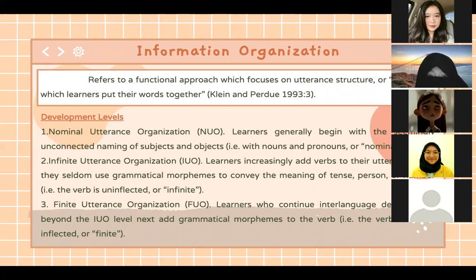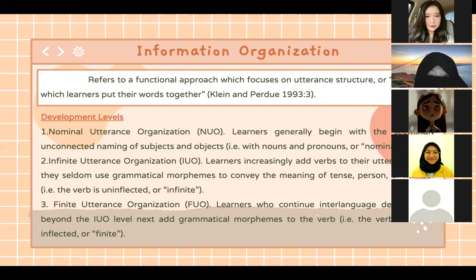The task of studying SLA from this perspective includes describing the structures of interlanguage called learner varieties by Klein and Perdue, discovering what organizational principles guide learners' production at various stages of development, and analyzing how these principles interact with one another.